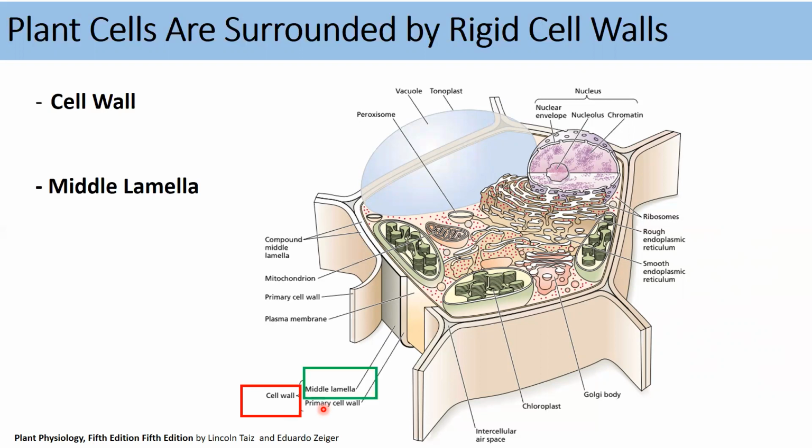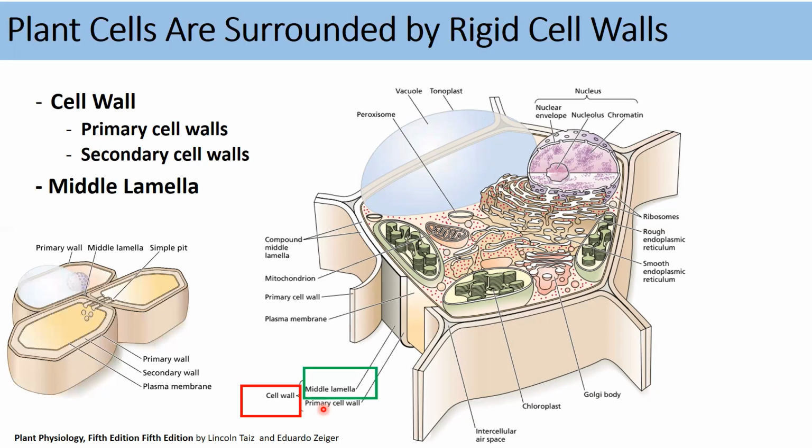In plants, such cell migrations are prevented because each walled cell and its neighbors are cemented together by a middle lamella. The middle lamella serves as a cementing layer between primary walls of adjacent cells.